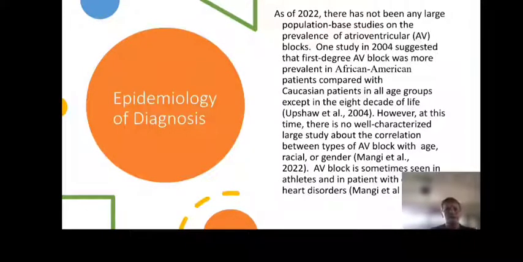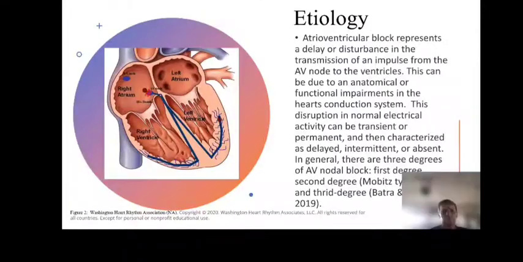This was from Upshaw et al., 2004. However, at this time, there are no well-characterized large studies about the correlation between types of AV block and age, race, and gender. AV block is sometimes seen in athletes and patients with congenital heart disorder.